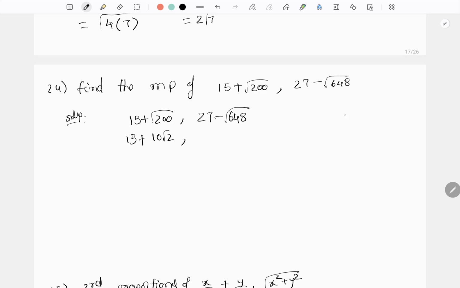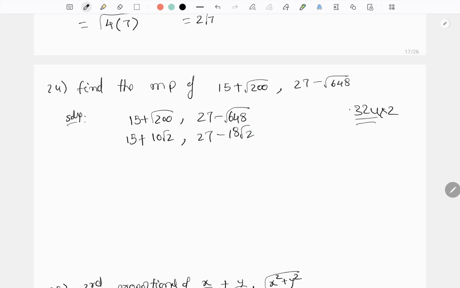And also check that I think it is double of 324, means 324 into 2 is 648. So 324 can be written as 18 square, so 27 minus 18 root 2.